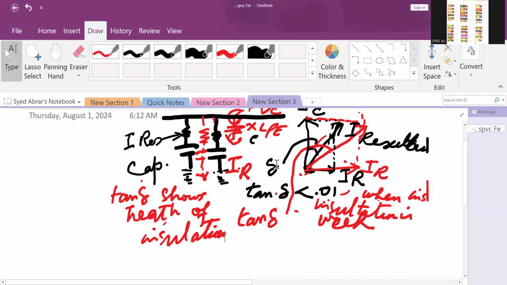You should then put off the cable, de-energize the cable or the insulation, and test it with the megohm meter, the insulation resistance meter, or a voltage test of the cable will be required to find whether it is healthy or not. So I hope I have tried my best to explain what it means.